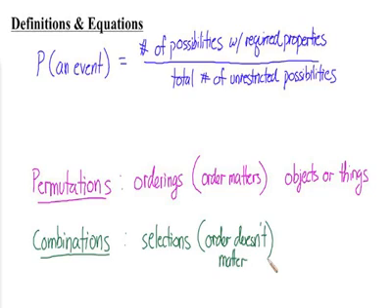And we often use combinations when we're talking about people or committees or selecting teams, things of that nature. So if I select 3 people, it doesn't really matter which order I select them in. It matters who they are in the end. So let's take a look at a couple of examples.